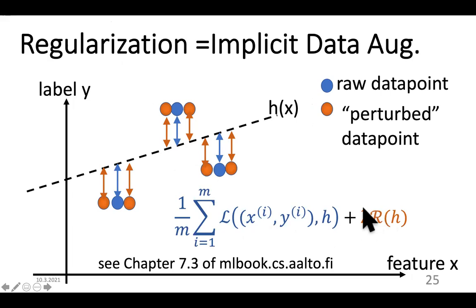So this regularization term is the additional training error you would get if you added to each original data point an infinite number of realizations of random perturbations of this original data point.